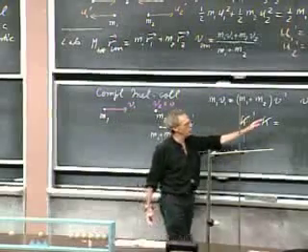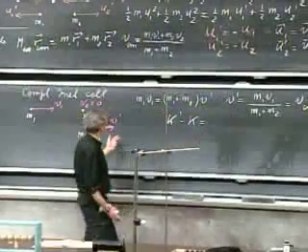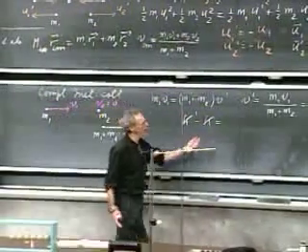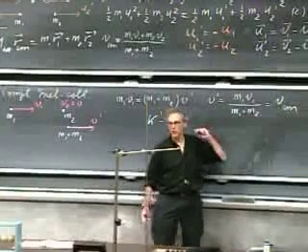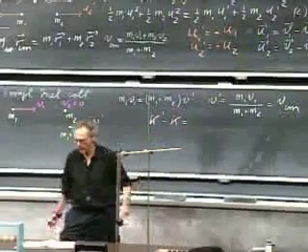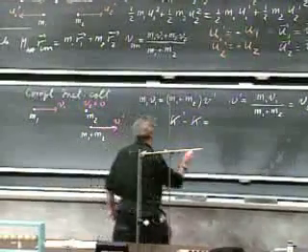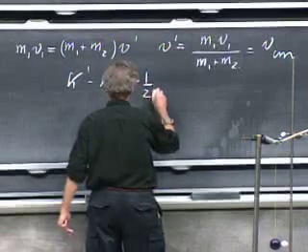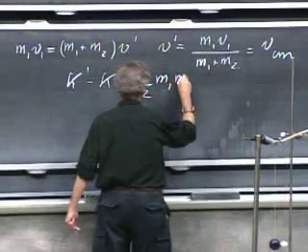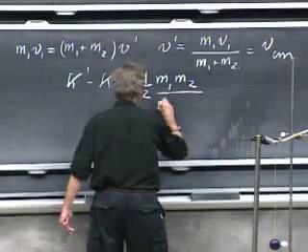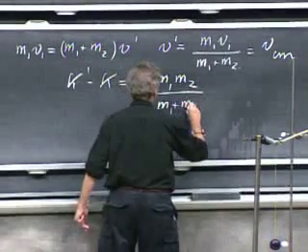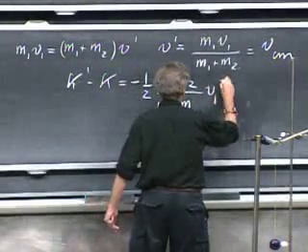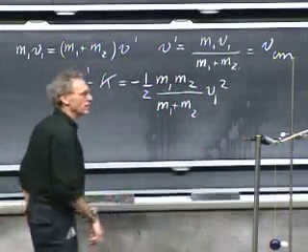I calculated V prime, and so you have to take half this mass, multiply it by this velocity squared. I'm sure you can do that, and you will be able to see that this equals, you have to massage the algebra a little bit, minus 1/2 m1 m2 divided by m1 plus m2 times v1 squared. That's what you will find.